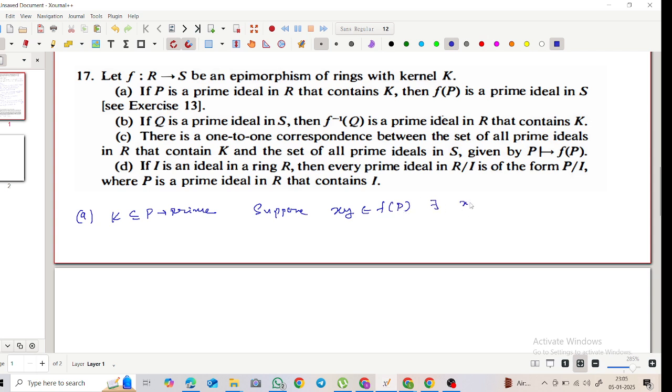So there exist x prime, y prime belonging to R such that F of x prime equals x and F of y prime equals y, which implies, I mean FP, so I should be writing it like P. So this implies that F of x prime, F of y prime belongs to FP.